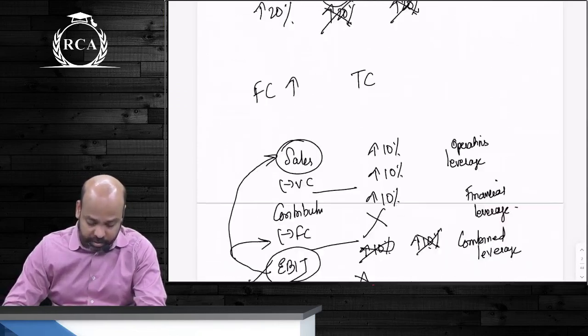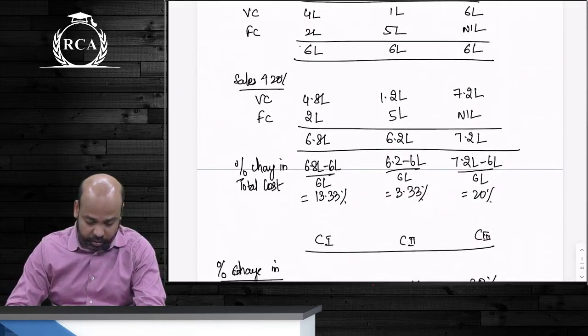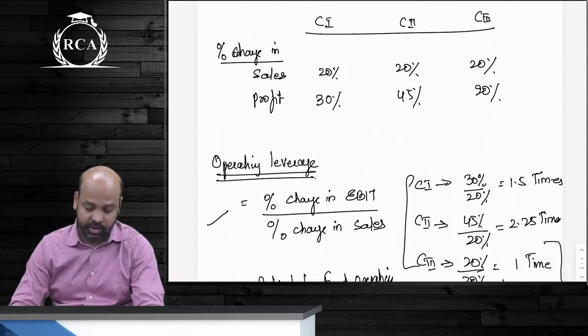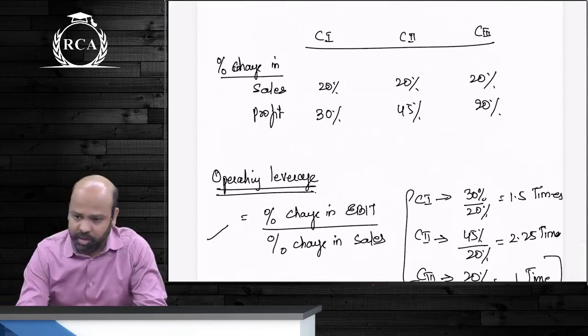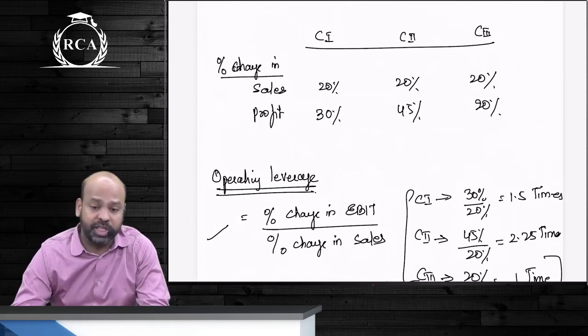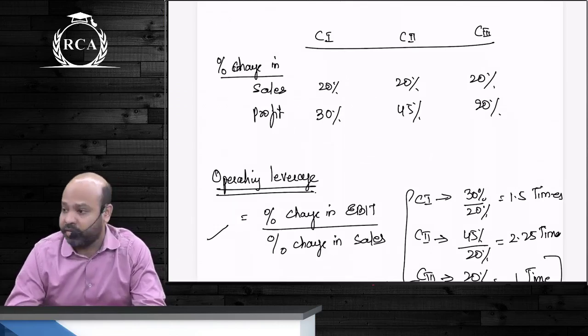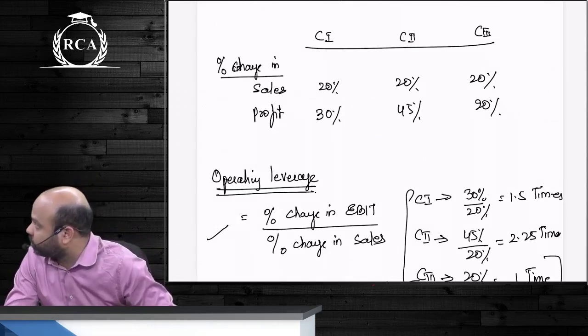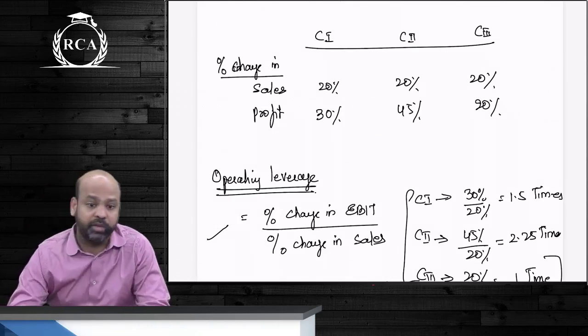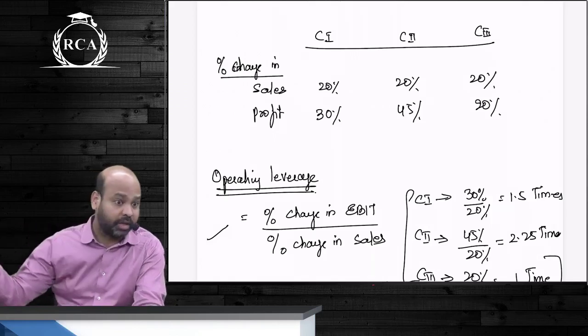We took examples of 3 entities. I gave you changes in total cost of all those entities. When sales changed by 20%, we proved that the profitability was not changing by 20% only because of the presence of fixed cost. For a firm which has zero fixed cost, we saw that the percentage change in sales and the percentage change in profit was the same. That is company 3 here.